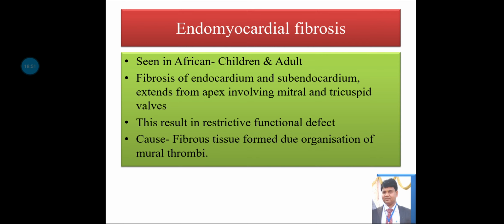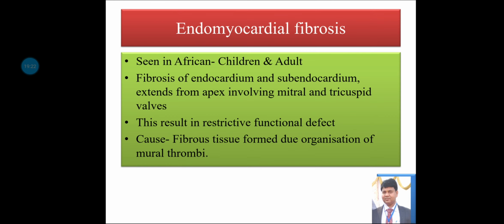If we go through the cause of this condition, this fibrous tissue is formed due to the organization of mural thrombi. As we know, mural thrombi are formed due to high jets of blood, and the endothelium lining the ventricles is injured, there is deposition of platelets and formation of a platelet plug, and over this the coagulation cascade is also started, leading to the formation of thrombus.